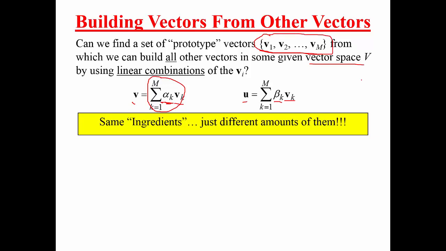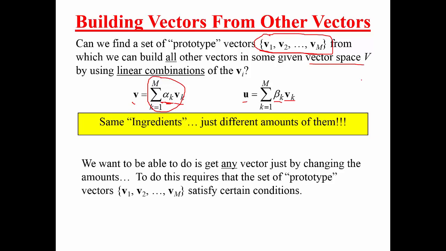So what is the prototype set of ingredients that I would need? If you're cooking, you can think, well, certainly you're going to need milk, sugar, salt, things like that. But the neat thing here is that we can find a set of these vectors so that for a given vector space V, we can build anything from them.